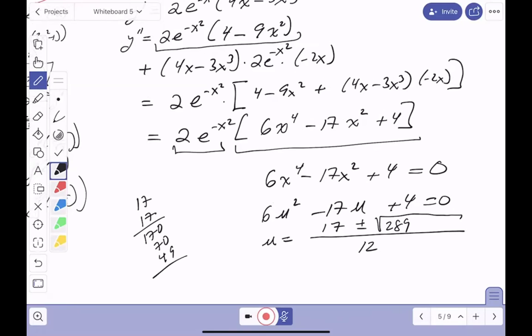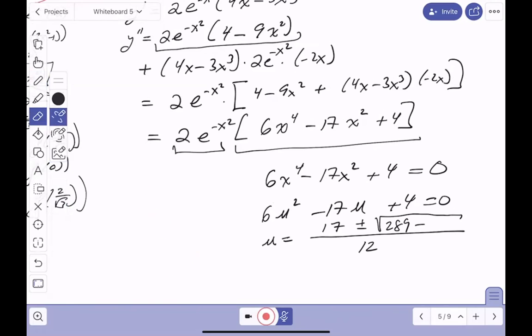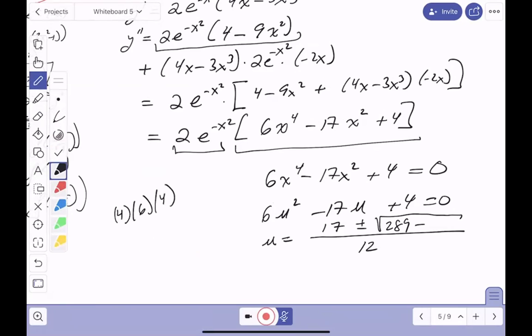Boy, that's nightmarish, isn't it? Minus, let me get my eraser out. My baby arithmetic doesn't need to be seen by anyone. 4ac, right? So it's going to be 4 times 6 times 4. That's going to be 16 times 6, which is 60 and 36 is 96. I'm going to get my eraser out.